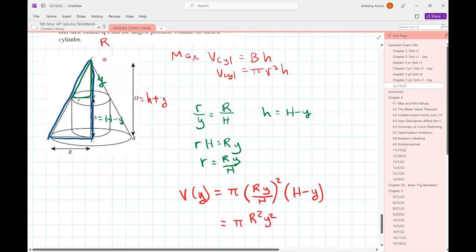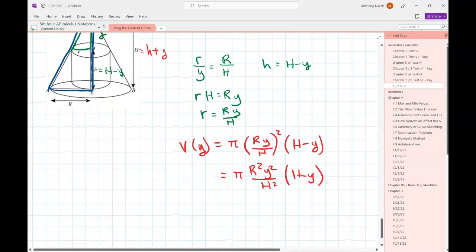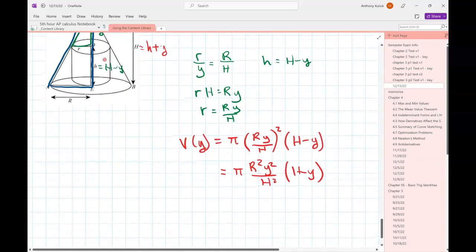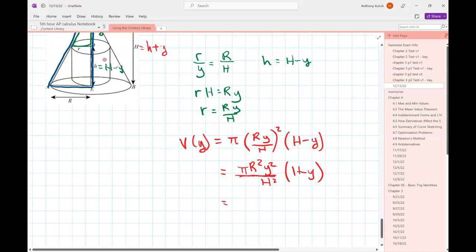So I would start by just simplifying this. I'm going to go ahead and do the exponent. I guess I'll write that as just a big fraction. And then I'll distribute that through.